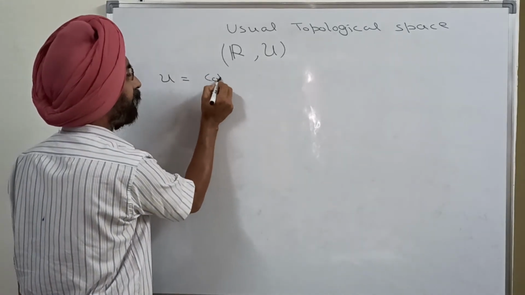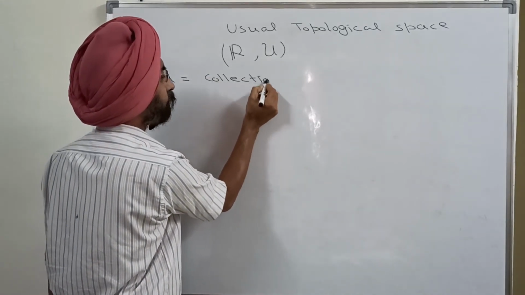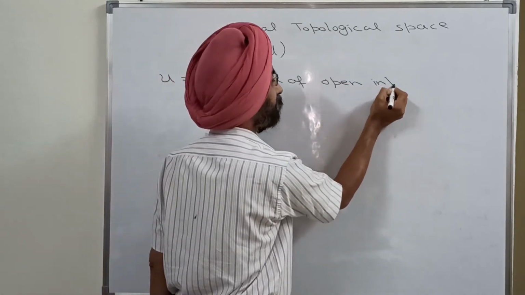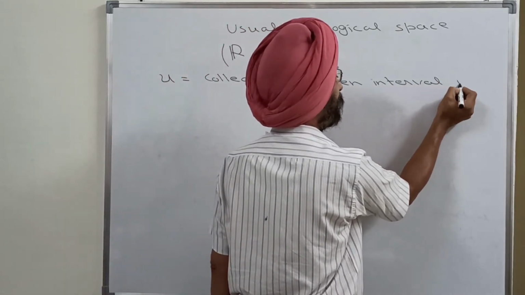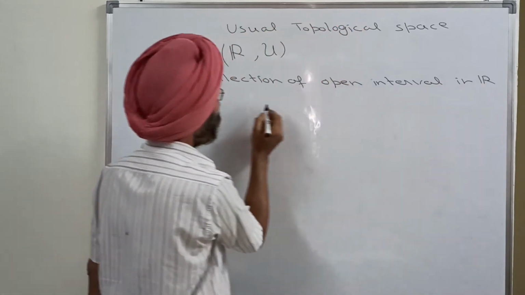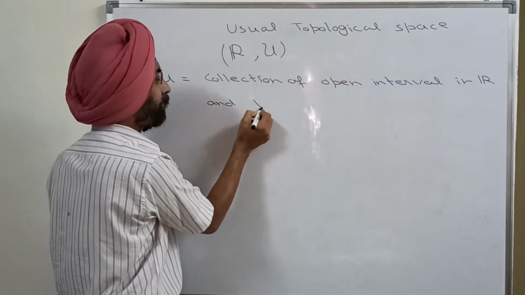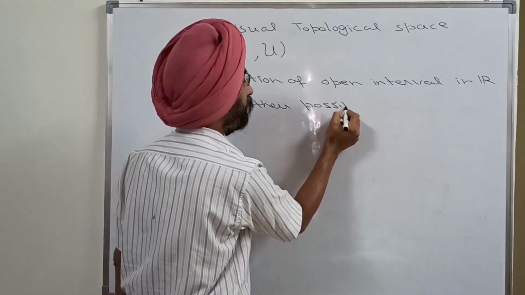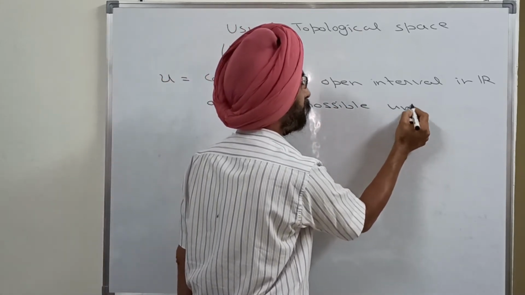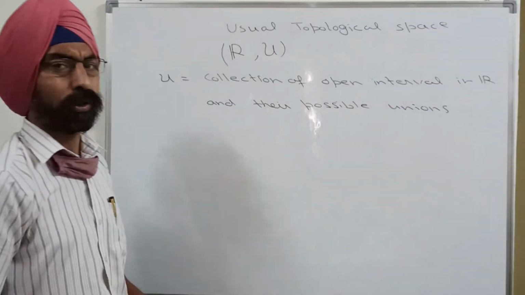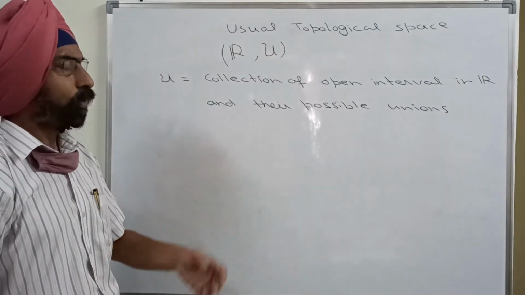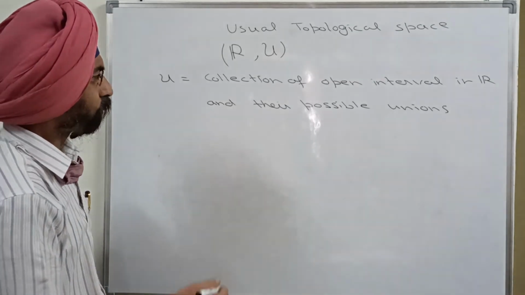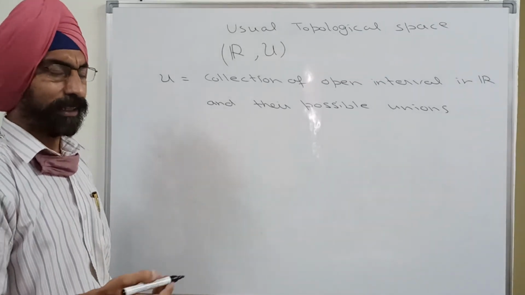U is the collection of open intervals in R and their possible unions. So this is your usual topology. And now we have to check whether it is T naught or not. So where are we to start?